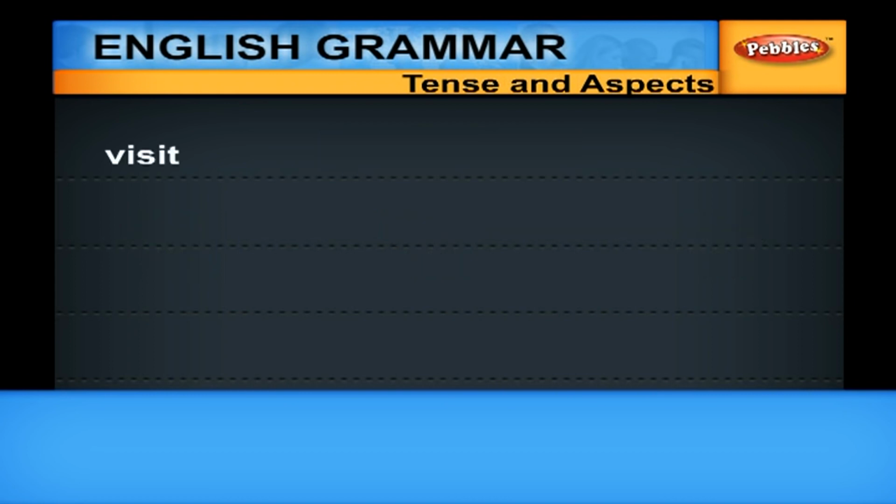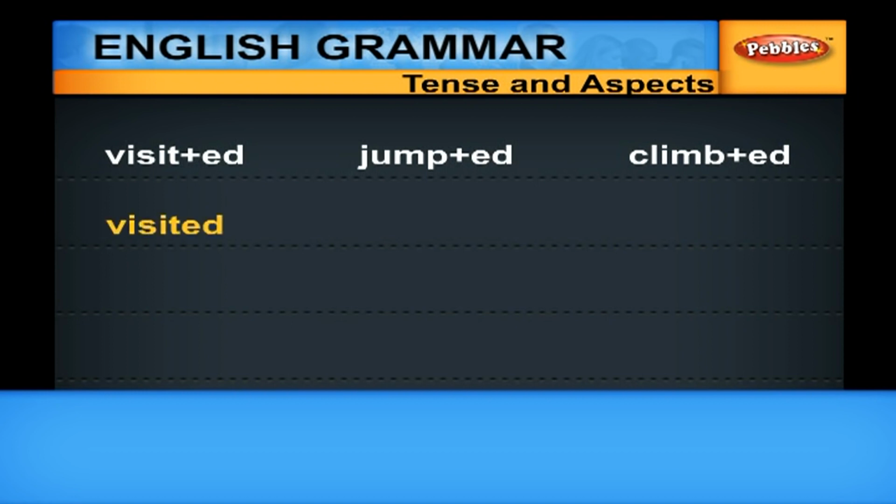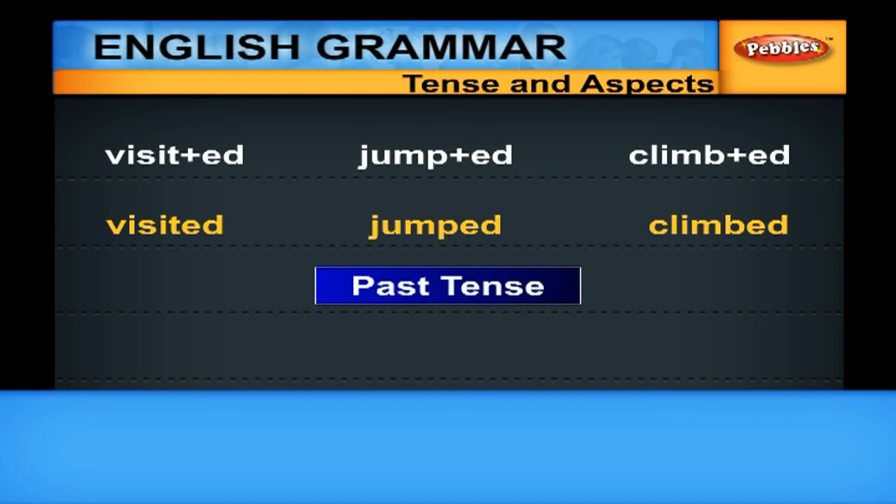Visit plus ed, jump plus ed, climb plus ed. Now the verbs become visited, jumped, climbed. This is what we call past tense. Normally, we add ed to form the past tense.